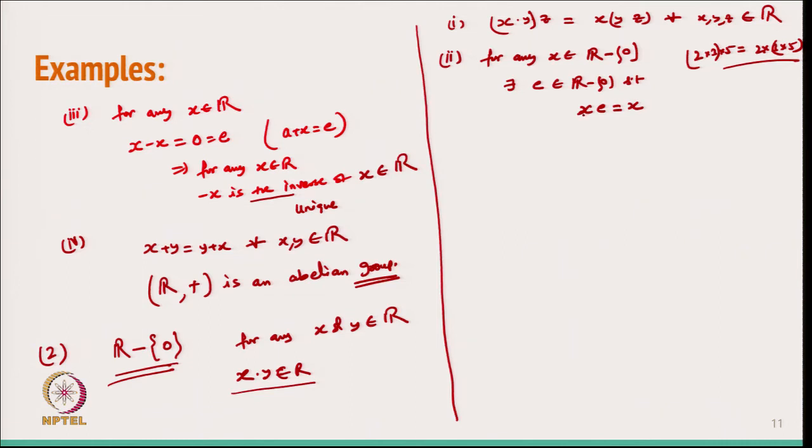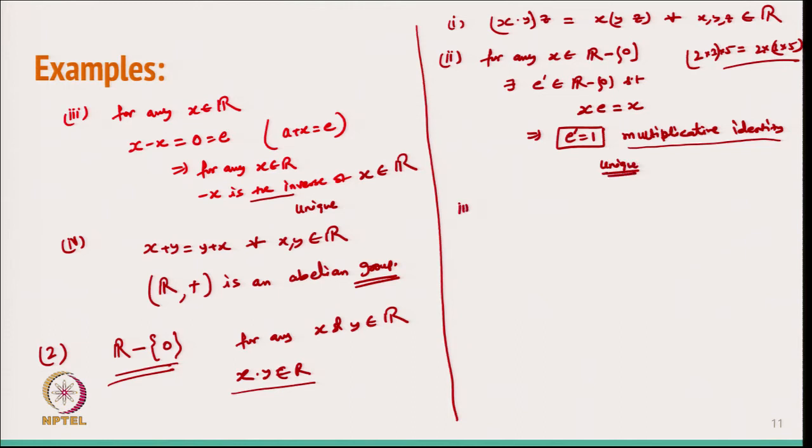If you take 5, then E should be 1. So, from here I can say that E is 1 in this case, and this is called the multiplicative identity. We generally represent it by E dash. I know that E dash is equal to 1, that is a real number, so it belongs to the given set. So, I can say that E exists in the given set, and this is also unique.